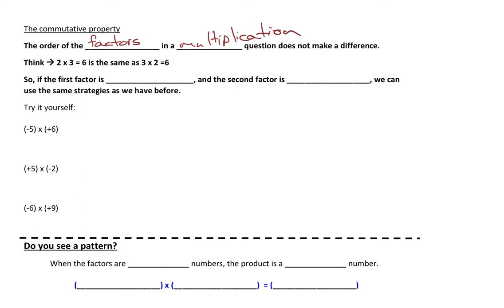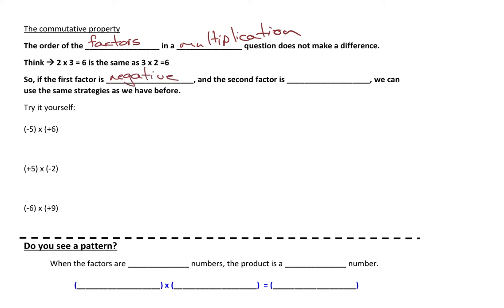The one I always go back to is 2 times 3 equals 6, and that is the same as 3 times 2 equals 6. Addition also uses the commutative property. Now, the commutative property does not work for subtraction and division. If we switch the order of the numbers in subtraction and division, we're going to get a completely different answer.